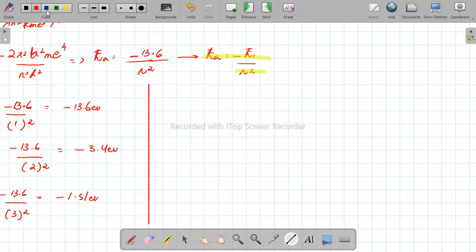So the energy in the higher level is En equals minus E1 over n square, and the energy in the lower level p is Ep equals minus E1 over p square.